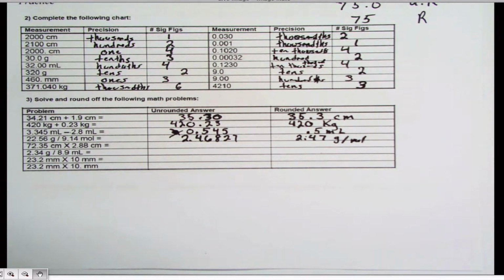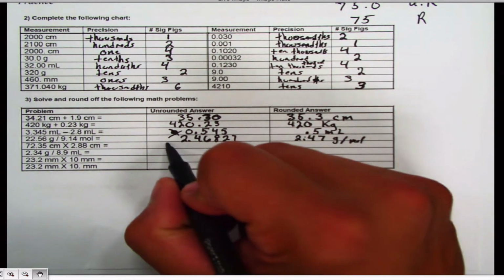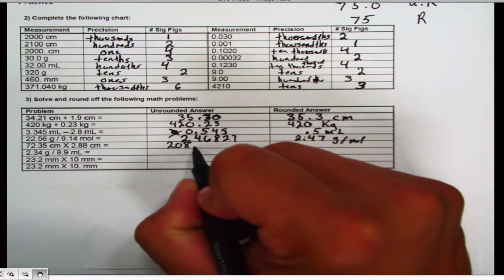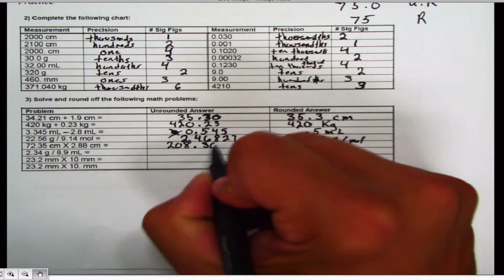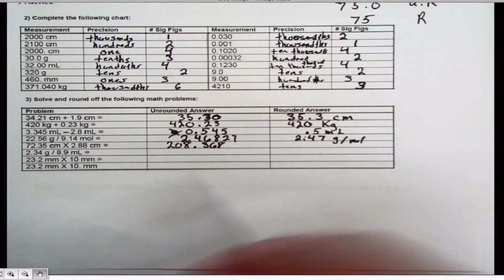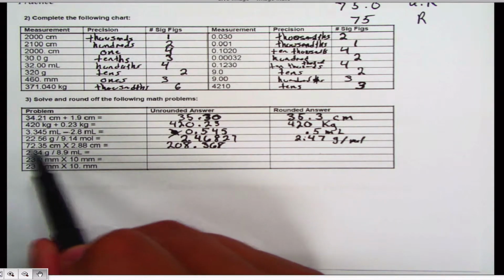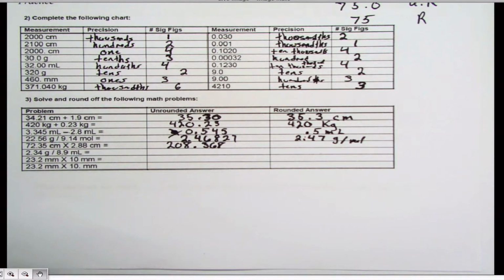Let's do the next one. We got 72.35 times 2.88. Your calculator answer is 208.368. Now here's 4 significant figures, here's 3. My answer should be in 3 significant figures.